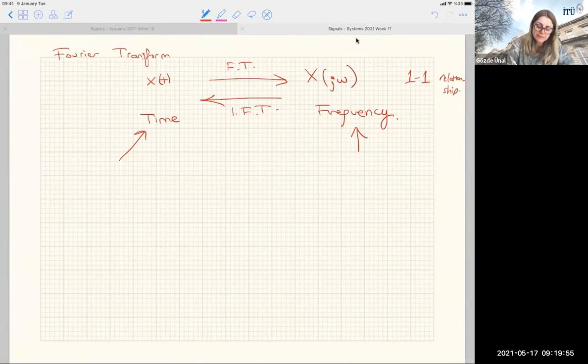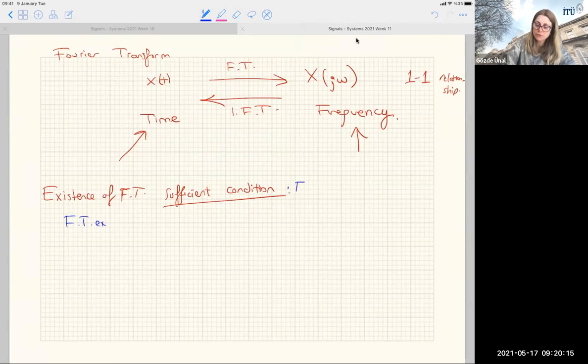Also, existence of the Fourier transform. We have a sufficient condition. From the definition, the Fourier transform exists when the signal is absolutely integrable, meaning the integral of |x(t)| dt is finite.